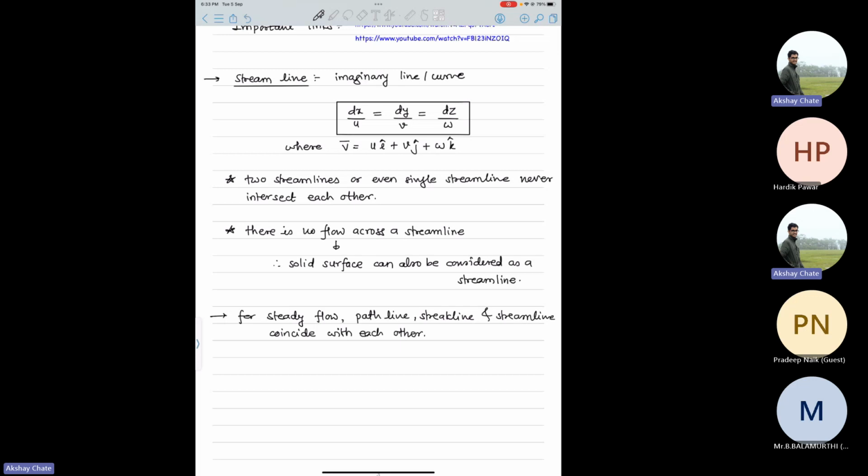So before going to the next topic, what I would like to do is solve one simple problem.